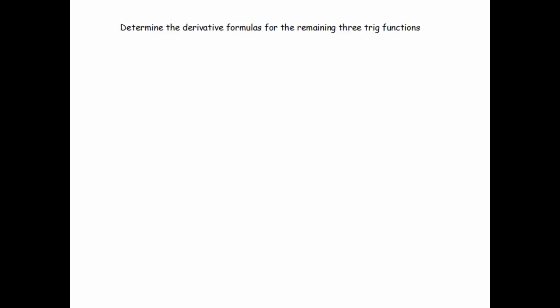So the other ones we got are cotangent. So let's do cotangent. So cotangent of x, let's call that f of x. So if f of x is cotangent, let's write that as cosine over sine.